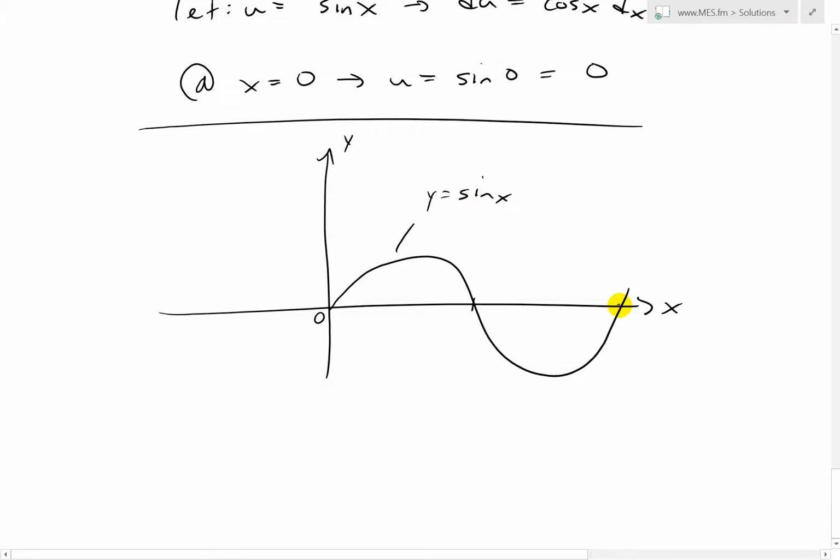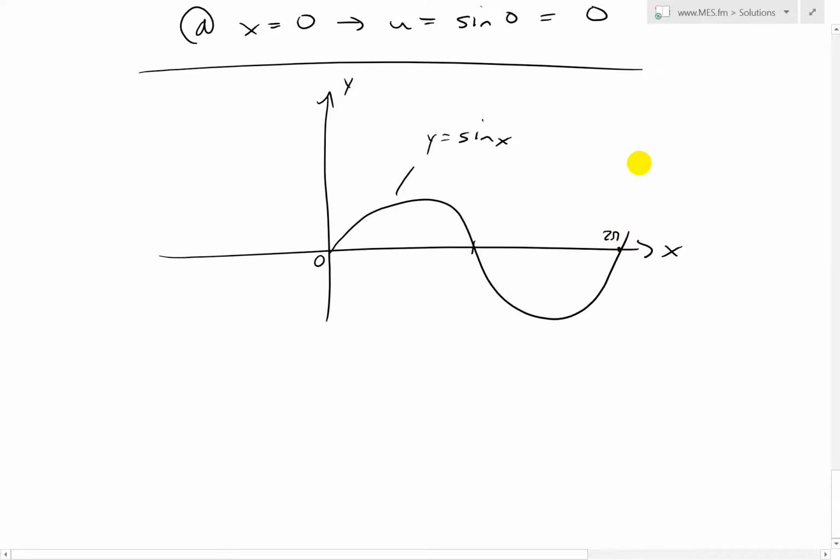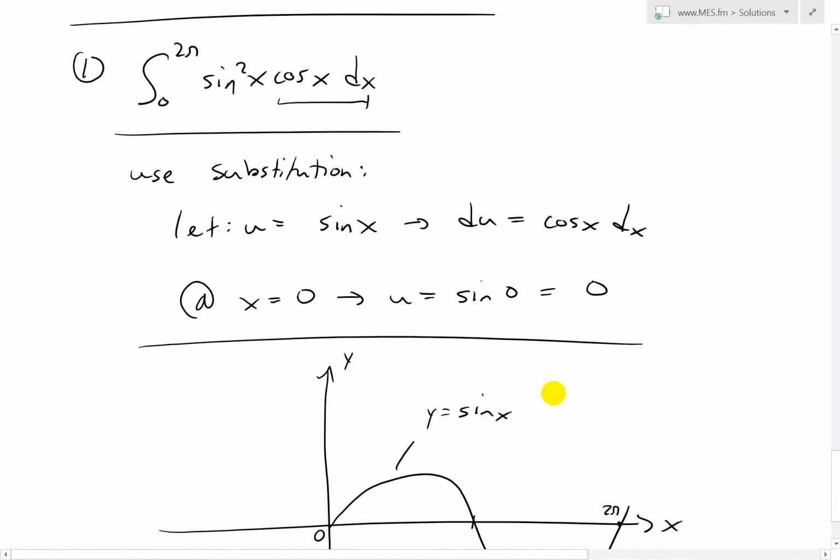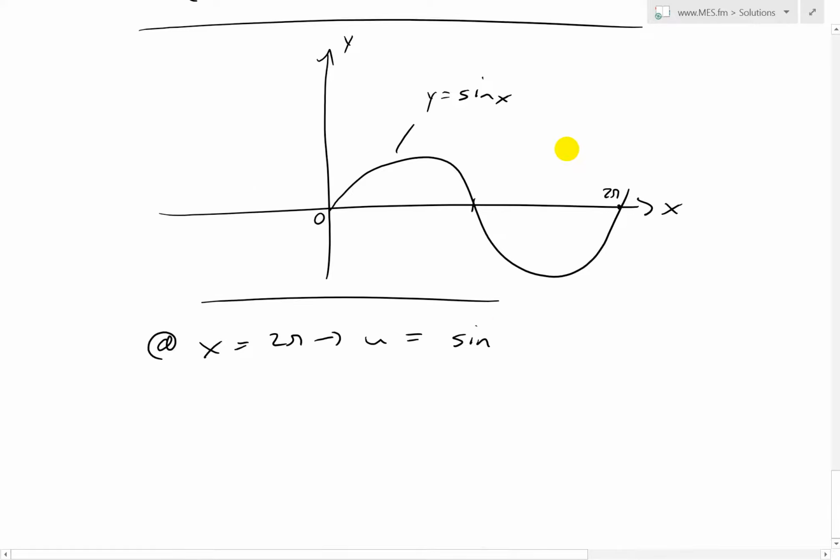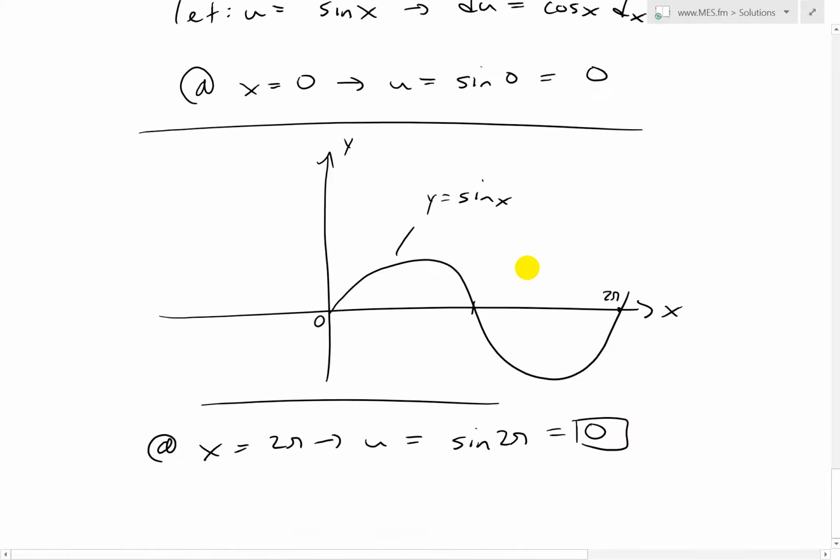Also at this point right here, which is 2 pi, it's also 0. So at x equals 2 pi, u is equal to sine of 2 pi, which also equals 0. So this has no area because the limits are the same, just 0.